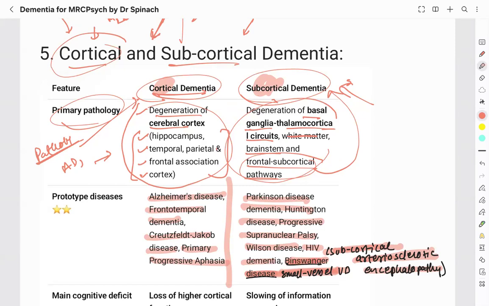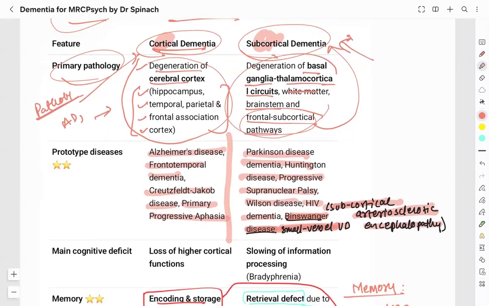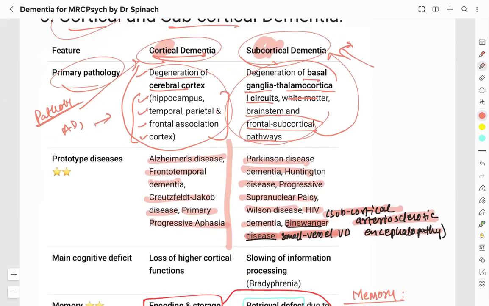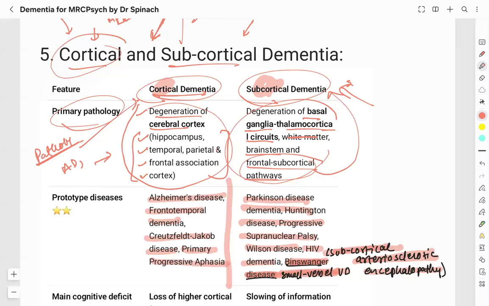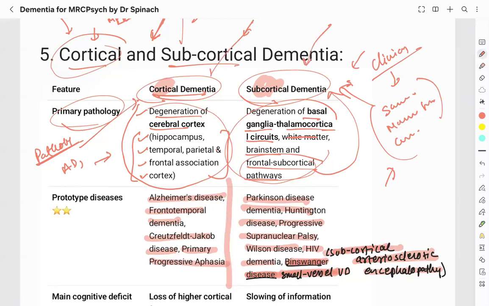Now, what is the main cognitive deficit? This is very important because there are a lot of differences between cortical and subcortical dementia, and it matters clinically. While doing memory function tests and cognitive tests, along with the history, we can identify whether the lesion is subcortical or cortical.